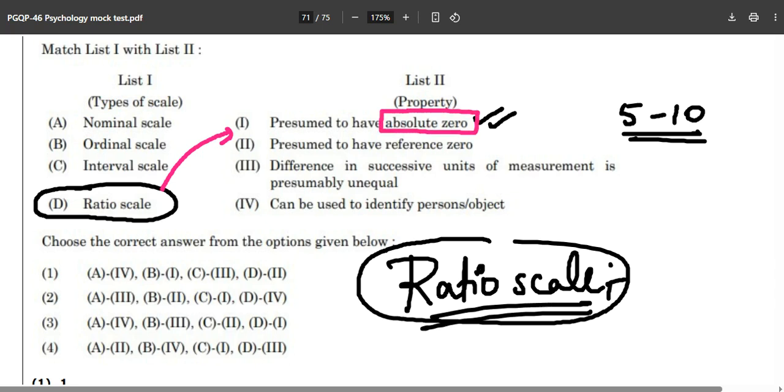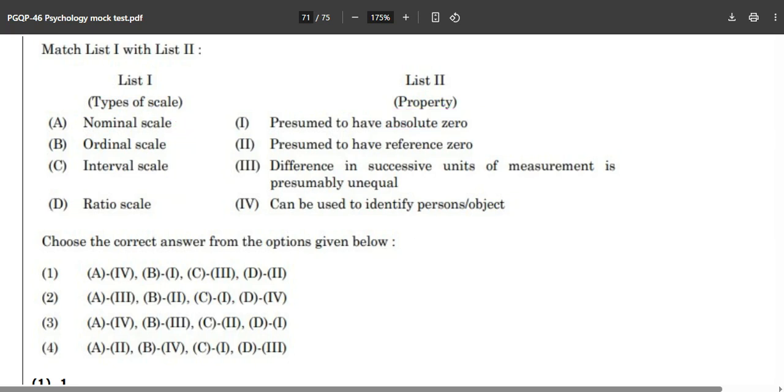Apart from this, you will never have absolute zero in the nominal, nor in the ordinal, nor in the interval scale. Absolute zero will always be in the ratio scale.